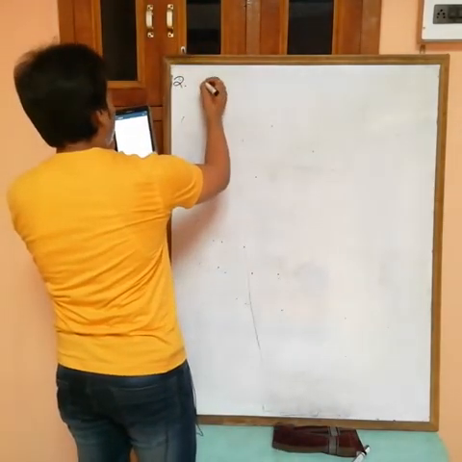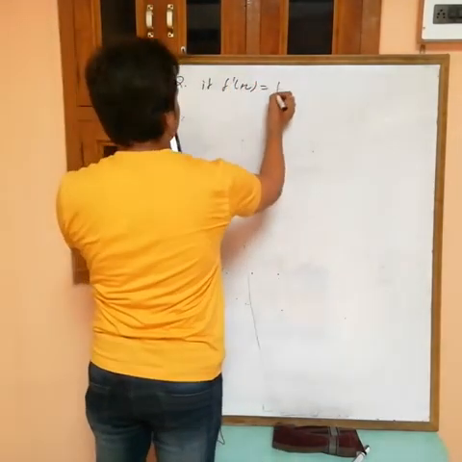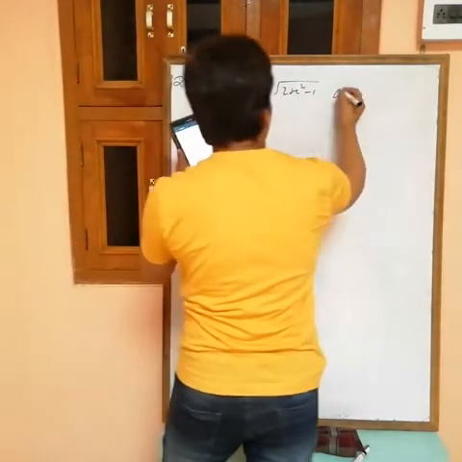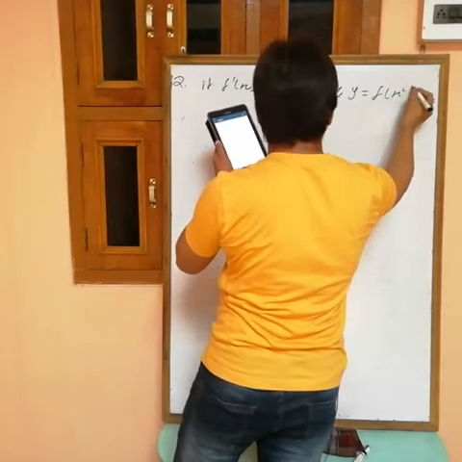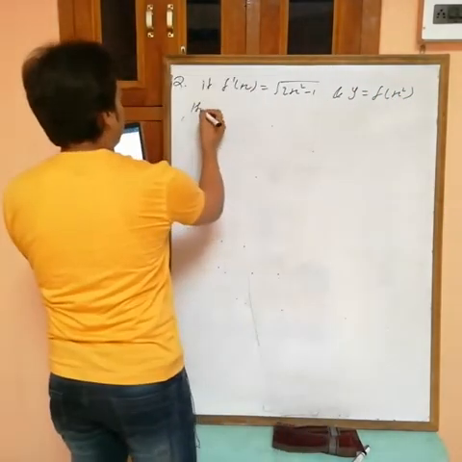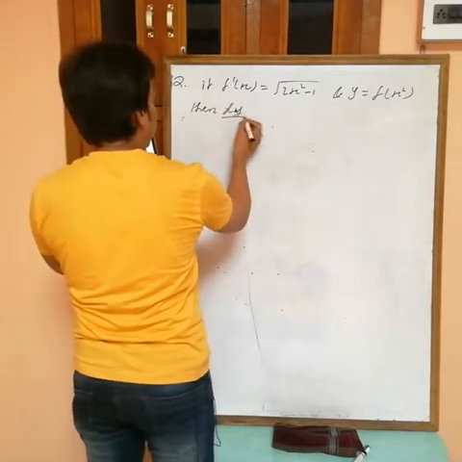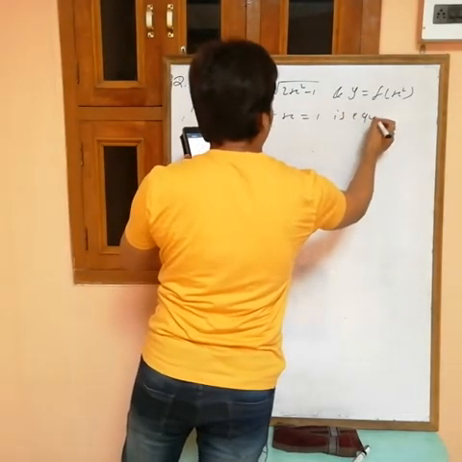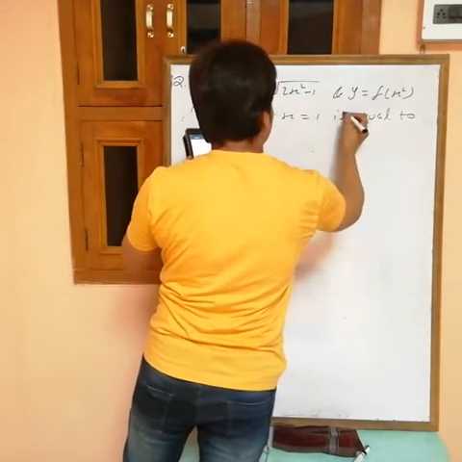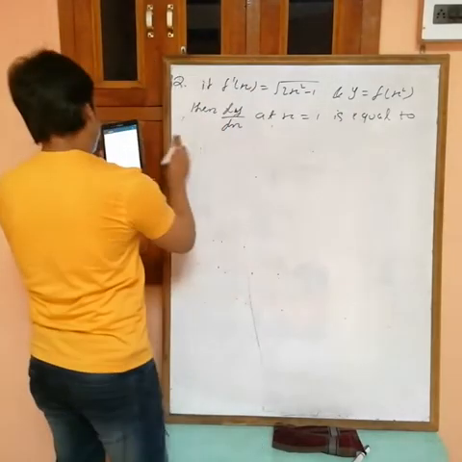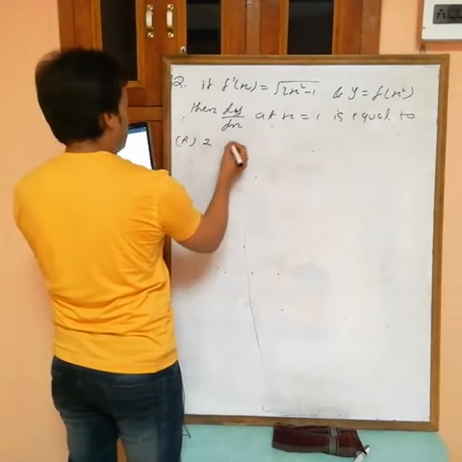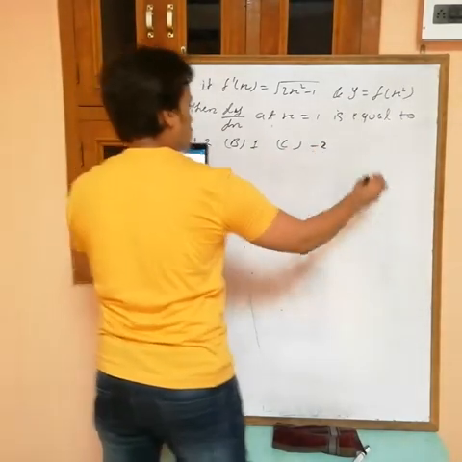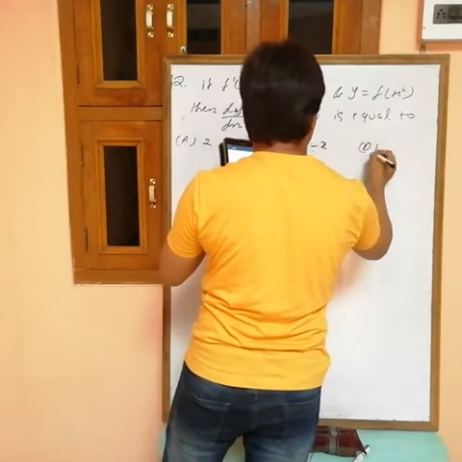Next, if f dash x is equal to root of 2x square minus 1 and y equals f of x square, then dy by dx at x equals 1 is equal to: first option is 2, second option is 1, third option is minus 2, and fourth option is minus 1.